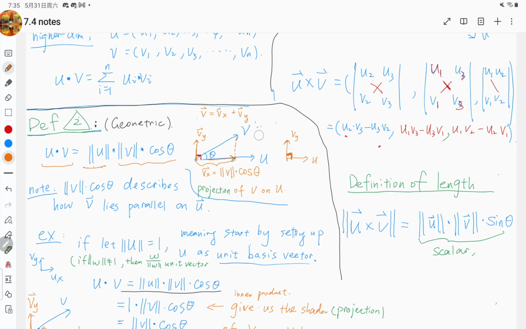And then if I fix my starting vector u horizontally, then v's projection length on u means that this length is the norm of v times cosine theta, right? This is a length, which means this is a scalar, right? And in terms of writing down vx, what is vx?